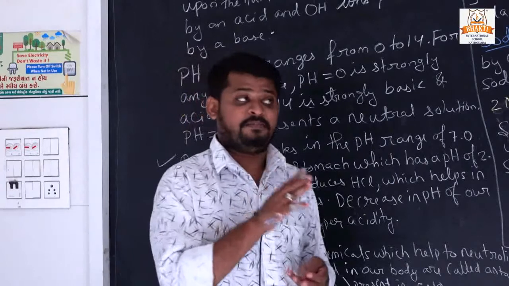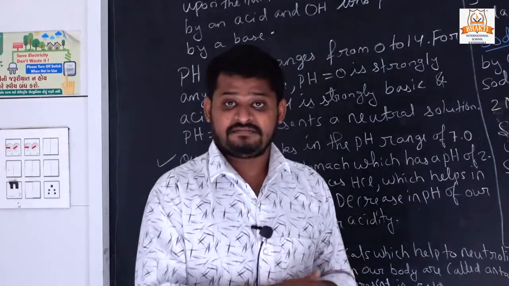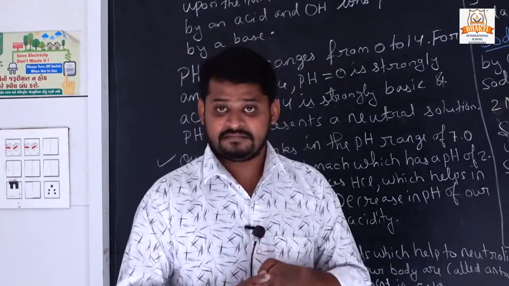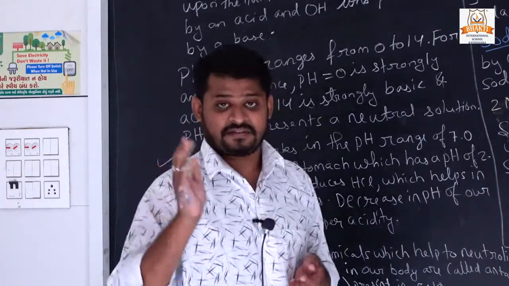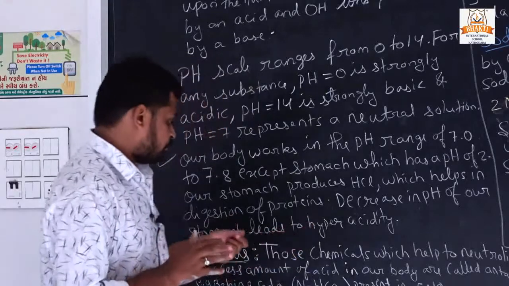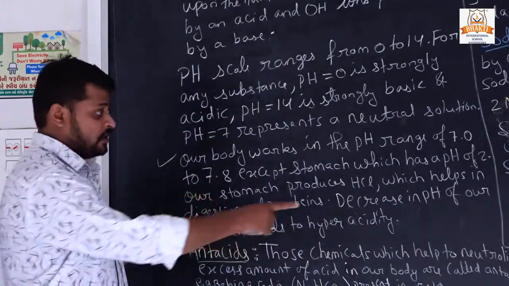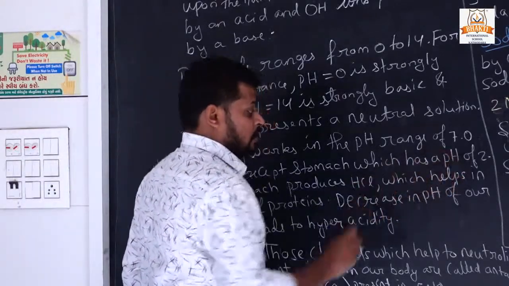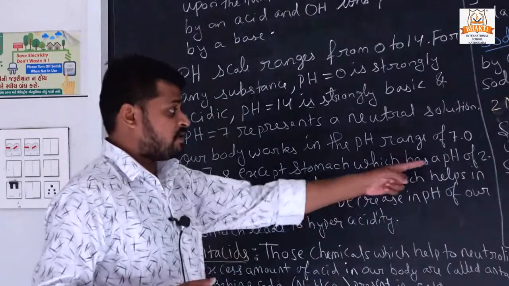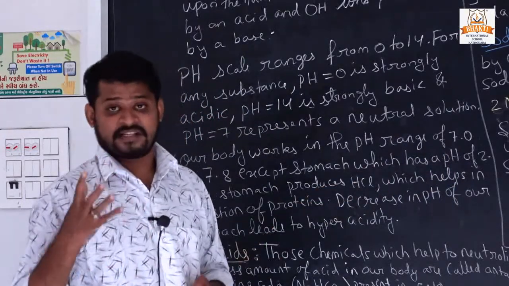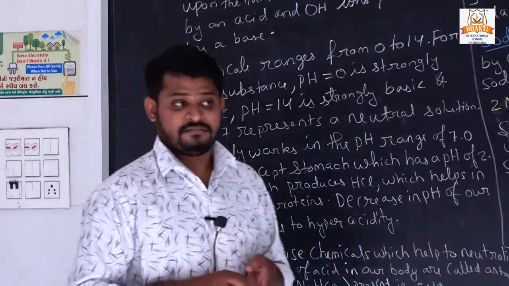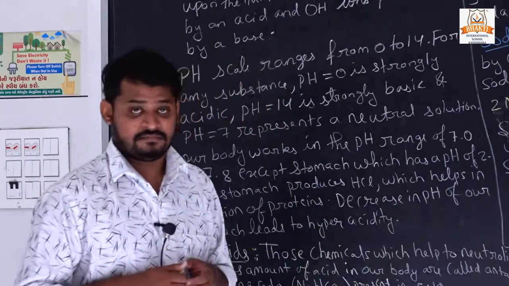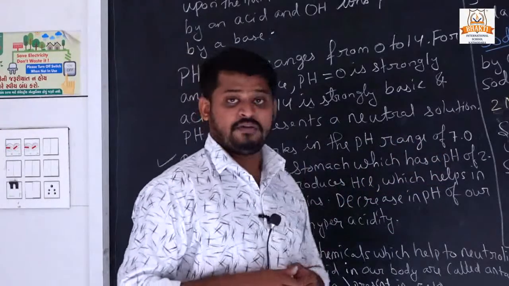If the pH value is 5, it is also a weak acid, but it is more acidic than a solution of pH 7. The stomach acid has a pH value of 2, so it is more acidic.